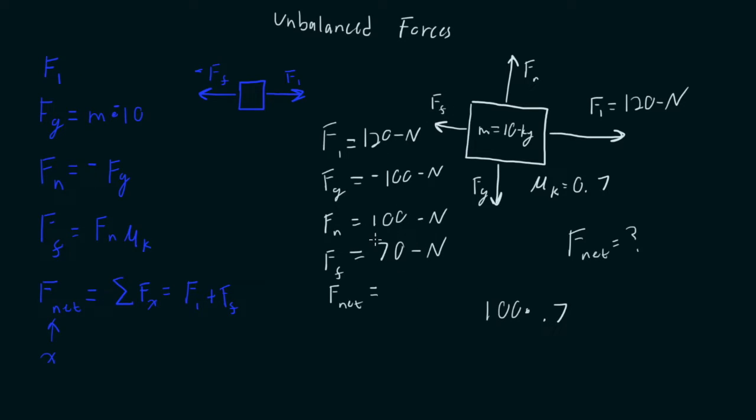So that's going to be 120 plus negative 70. So it'll be 120 minus 70. And that will give us 50. So my F net is 50 newtons. There we go. Nice and straightforward.